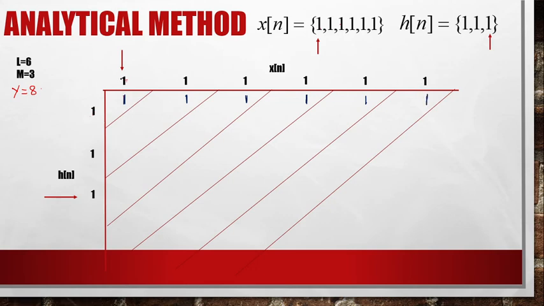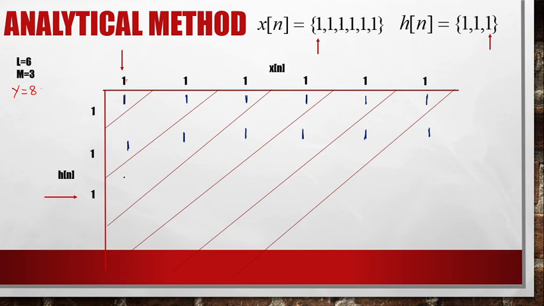Understand? In a similar way, I will do it for the second row. Second row, first column, there will be a 1, and 1s in the rest of the columns, 1 into 1 underneath, here also a 1. Now the same process I will do for the third row.